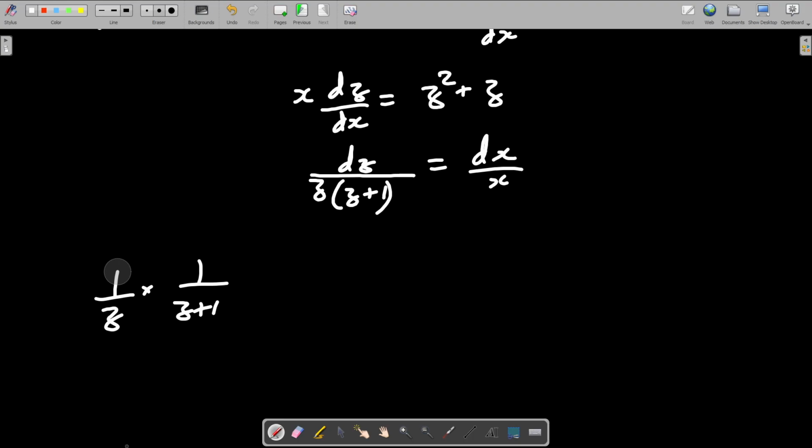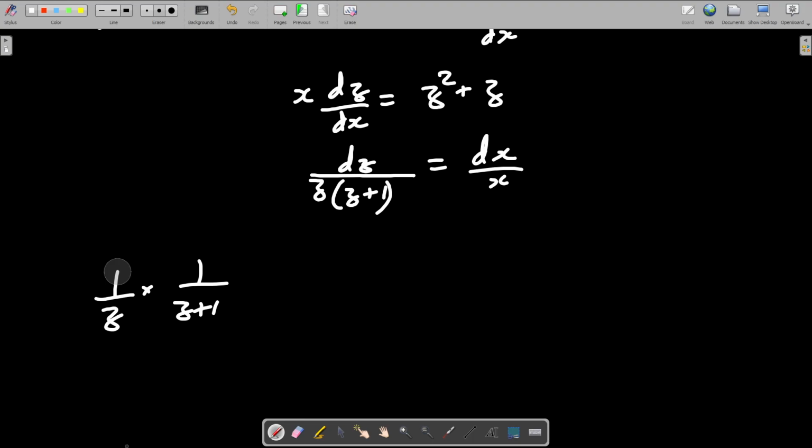None of these functions' derivatives becomes a constant or a 0. Derivative of 1 upon z will be minus 1 upon z square, and it will continue, it will become 1 upon z cube, 1 upon z raised to 4 and so on, if you continue taking derivatives. Same thing will happen for the other one. So integration by parts won't work here.